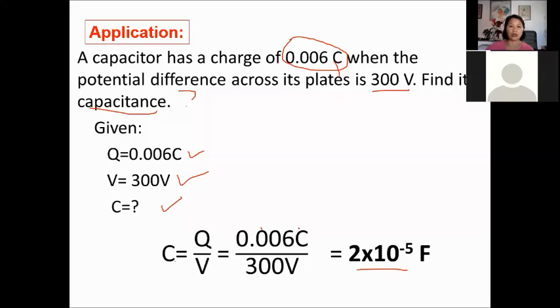You are missing one 0. Three zeros, that is 0.006. And then divided by 300. And equal. So what you will see is 2 times 10 to the negative 5.